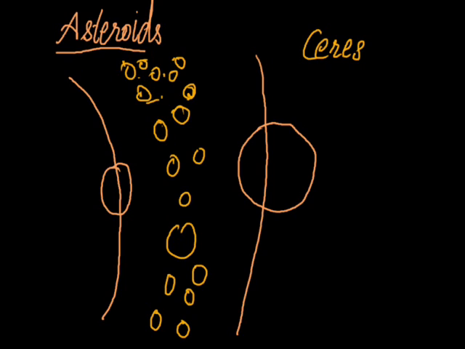It is considered that the asteroids were part of a planet which was under construction, but because of the high gravity of Jupiter, it was not able to come together and form a new planet. So it is the belt of asteroids, and asteroids are small planets because they have their own orbits.